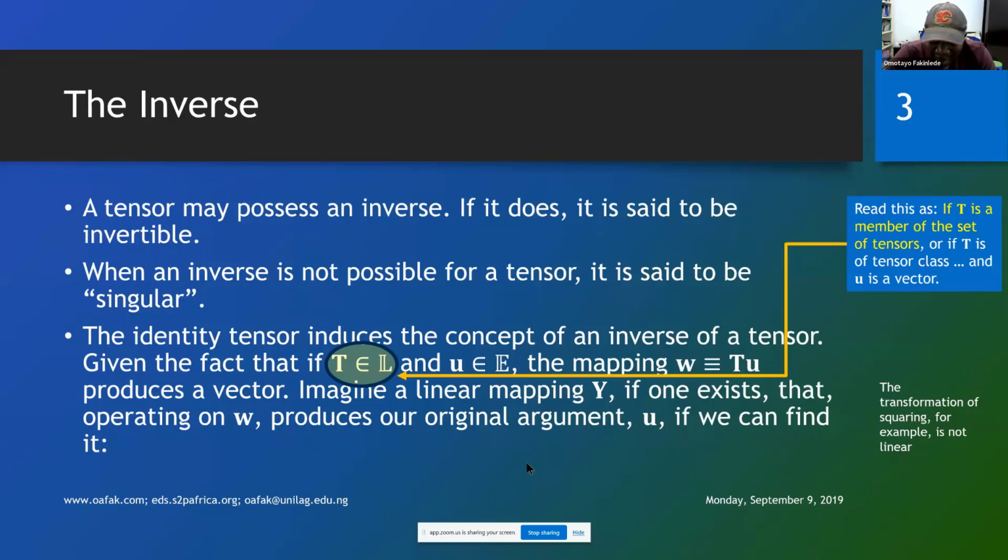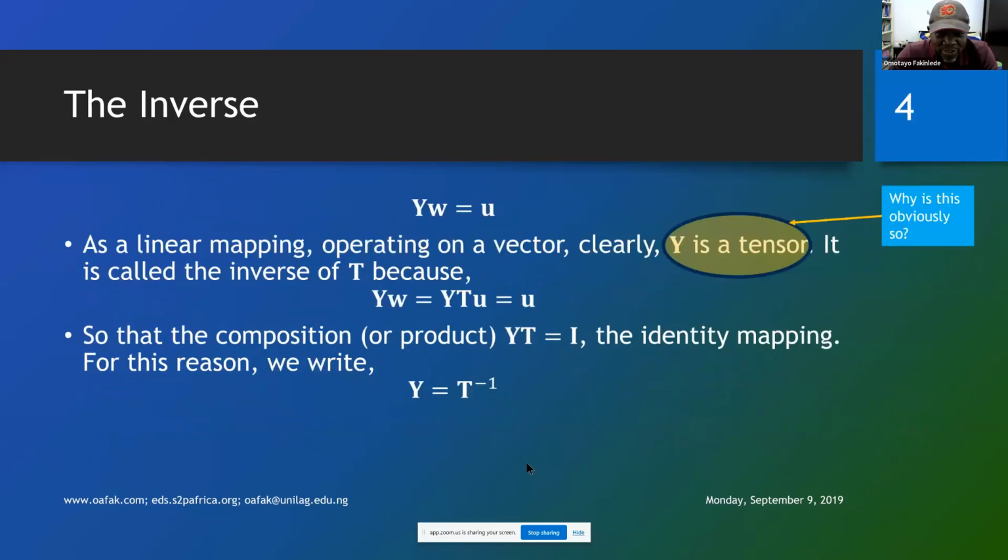Imagine a linear mapping Y, if one exists, which if it operates on the W we have here, produces our original argument U. Is it possible for us to find a linear mapping Y such that Y operating on W gives us U, our original argument?